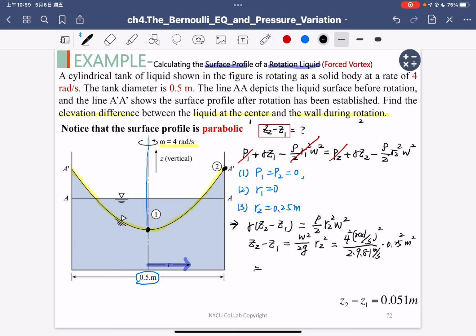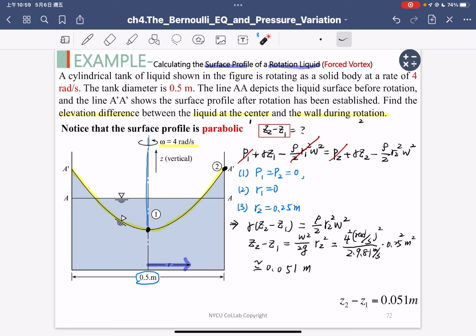You can use your calculator to get the final answer. I used my calculator to check the number, and it is around 0.051 meters.